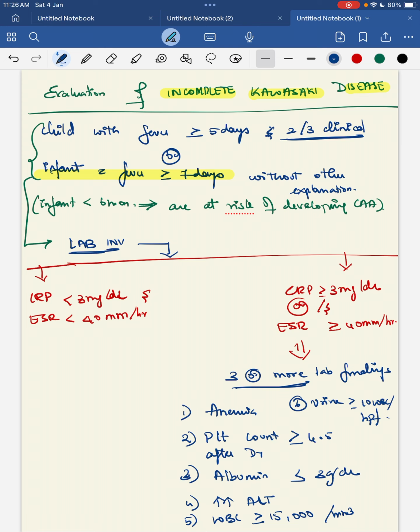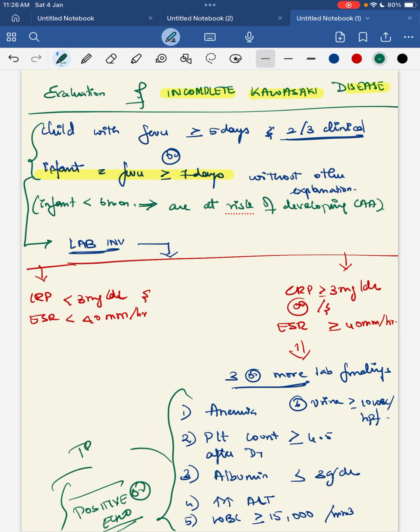So what is the meaning of positive echo here? When do you consider the child to have coronary artery abnormalities, or when do you consider a child to have positive echocardiographic features of your Kawasaki disease? If any one of the 3 which I am going to tell is present, then you can consider the child to have a positive echo.